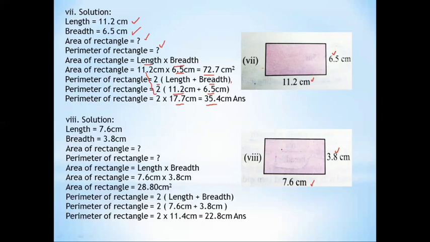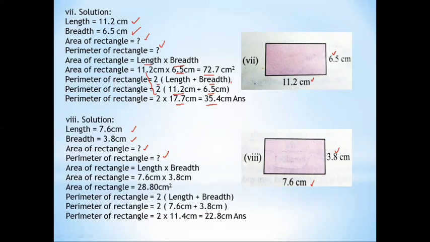Dear students, here we will write first of all length is equal to 7.6 centimeter, breadth is equal to 3.8 centimeter, and here area of rectangle we have the question mark, we have to find. Here perimeter of the rectangle we have to find.